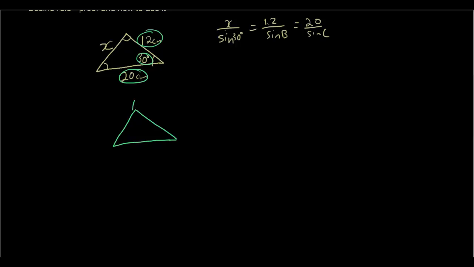So let's call the angles A, B, and C, and let's call the sides little a, little b, little c. And again, let's draw a perpendicular line down the middle and call it H.